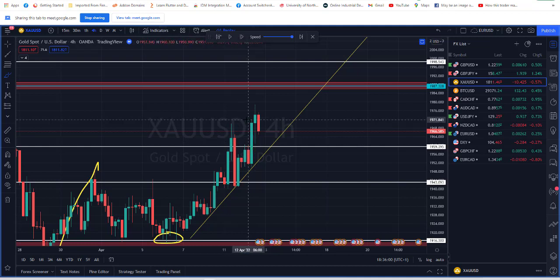On breaking it, another green candle formed, which tried to move down but got rejected. That is, the sellers wanted to push it down, but the buyers were strong enough to tell them, no, we don't allow that. They pushed it all the way back up. Now, my expectation was this.